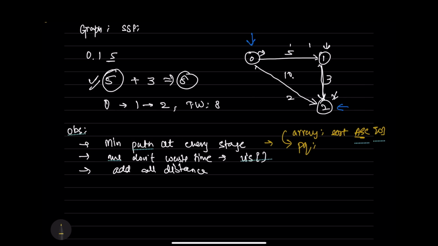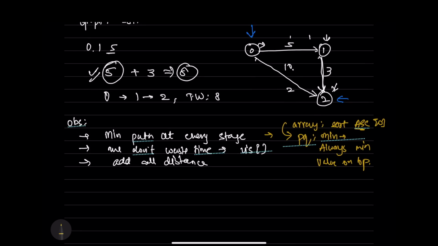If you consider the min heap, it always has the minimum value on top. So whenever you pick an element out of the priority queue, you will always get the minimum element, isn't it? So can't I choose this?